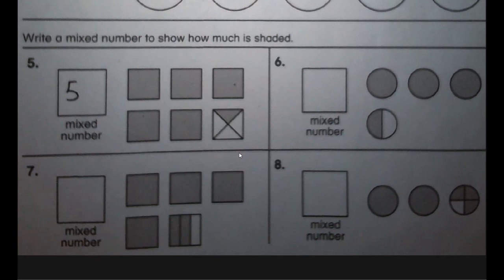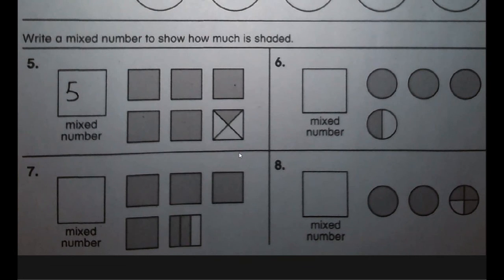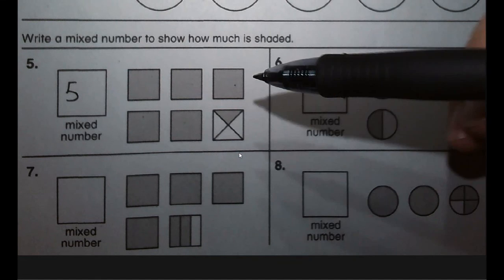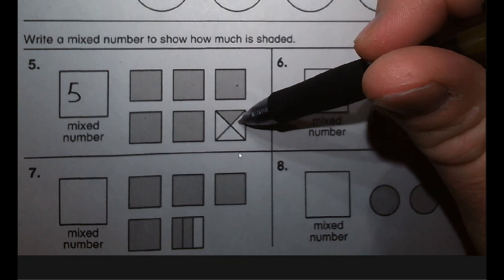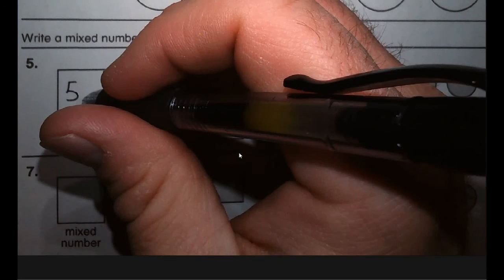Let's take a look. So we know that this last square here is split into 1, 2, 3, 4. So we're going to write our 4 over here. And how many spots are shaded total there? Just the 1. So our mixed number is going to be 5 and 1/4. Okay?